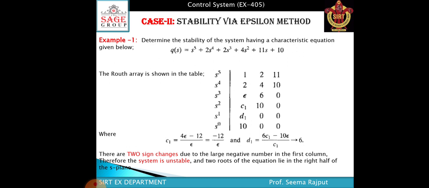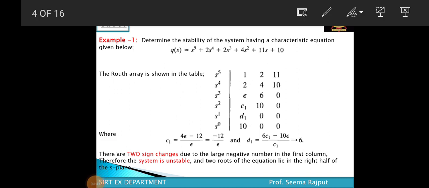In that place we have to put epsilon, and after putting epsilon we have to solve the Routh table and find the column values. Firstly we find the value of C1, then C2, and then the values of C1 and D1.